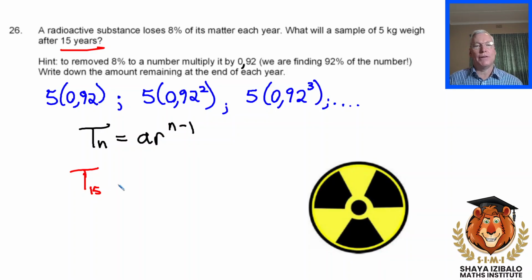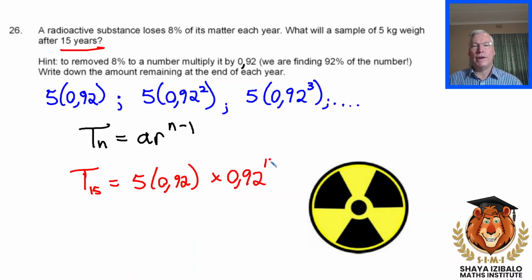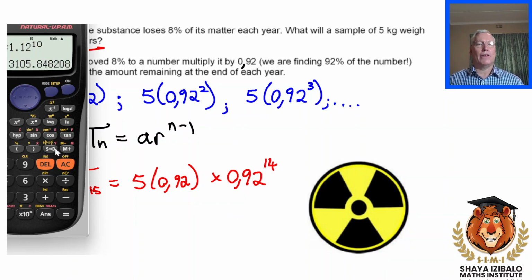So T15 is just going to be A times R. Now R is clearly, if we take any term divided by the term before it, 0.92, to the power of 14. Okay, right, and once again, let's do that on our calculator.